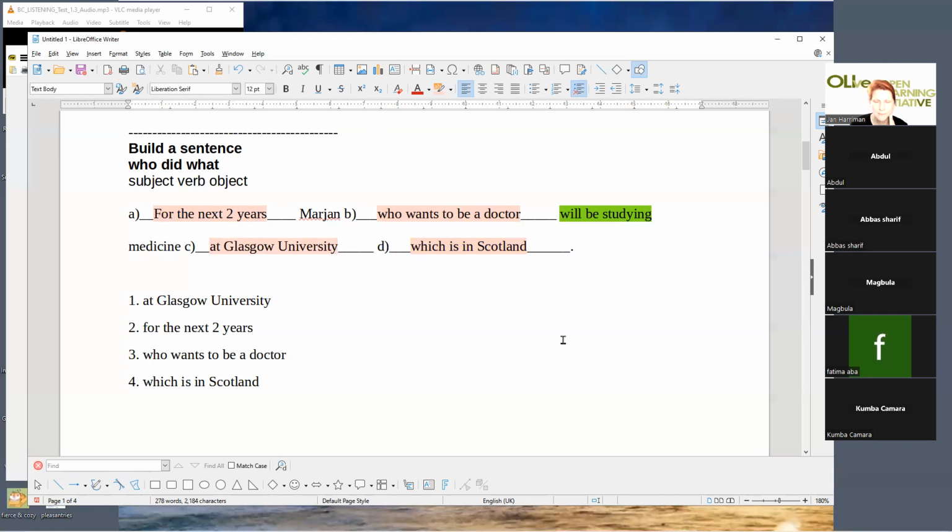Does that make sense? Is it what we call helping or linking a verb? Helping and linking verbs, yes. I've included all of the helping verbs inside of will be studying because I'm using the future continuous.